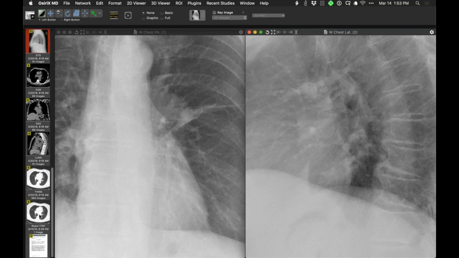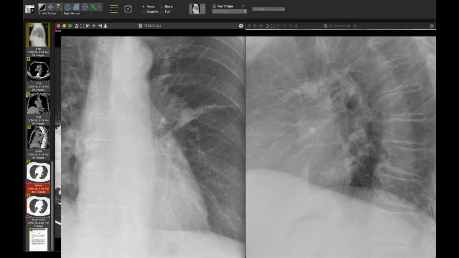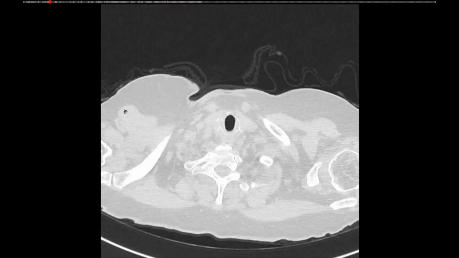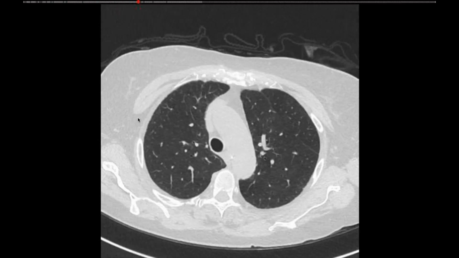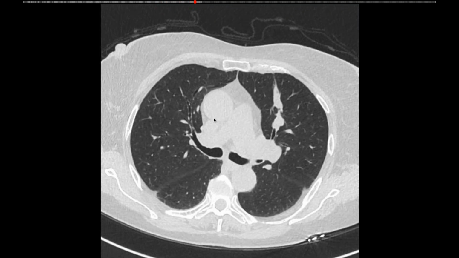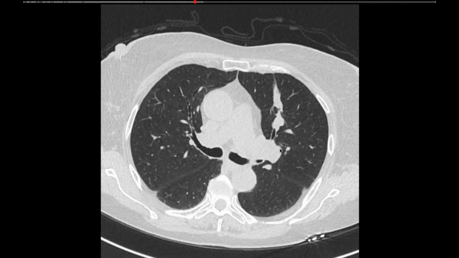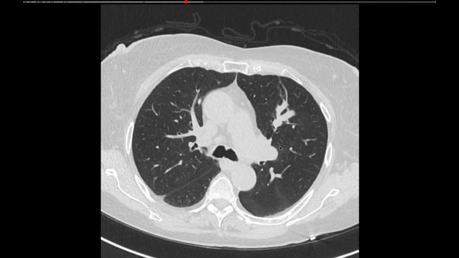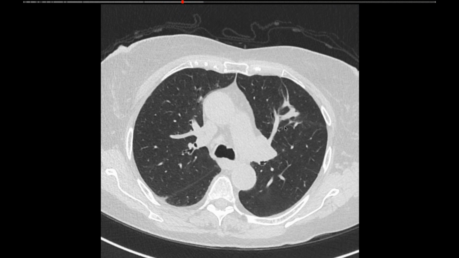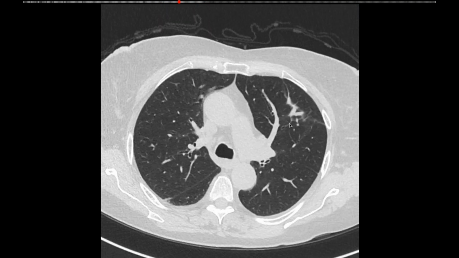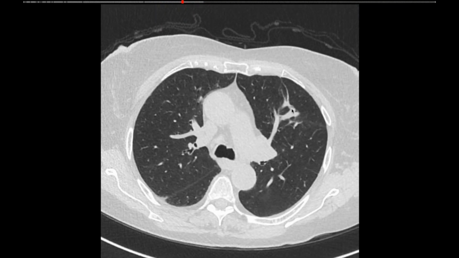And I will now show you the thin cuts from the CT that was done subsequently. And here is the lesion. And there are very nice findings here of a post-obstructive phenomenon in the sense that we have mucoid impaction or mucus impaction in some airways. So here, and branching a bit.